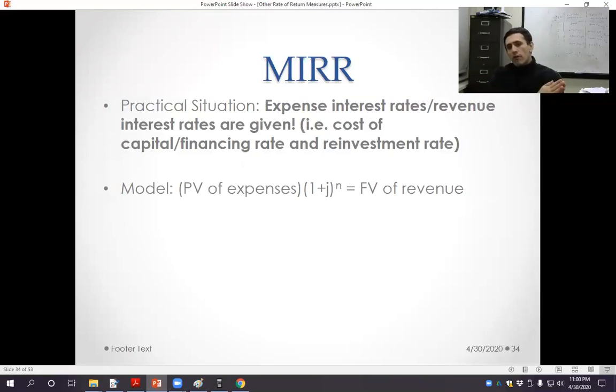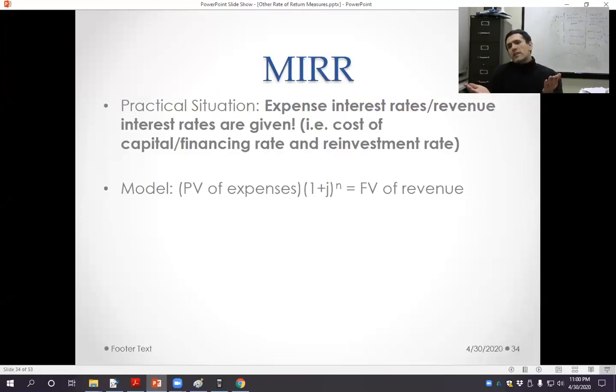You start off with that one expense to finance your other expenses, present value of expenses at your cost of capital, because you are investing that into your safe account to finance your other expenses. You start off with that one expense, you end up with the future value of revenue at your reinvestment rate.